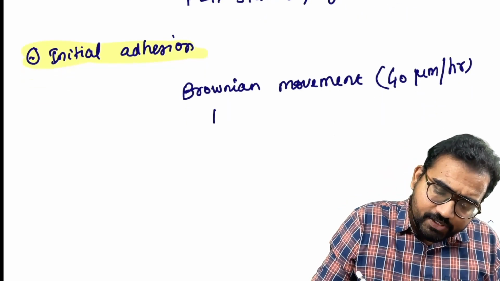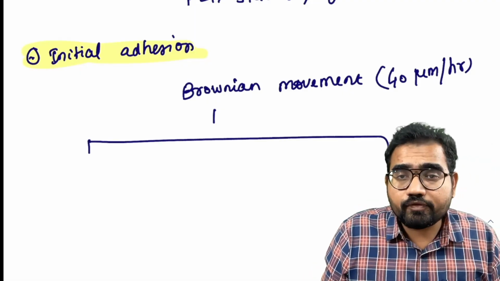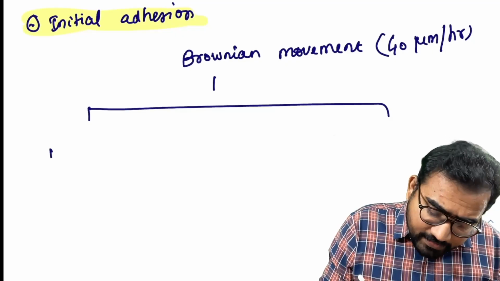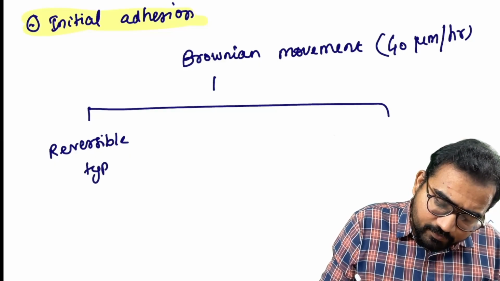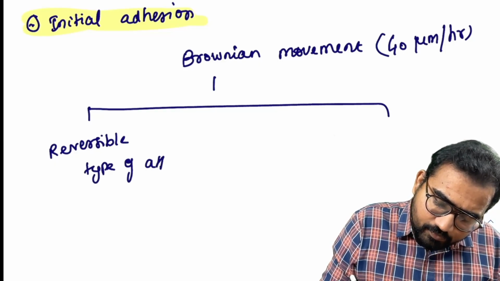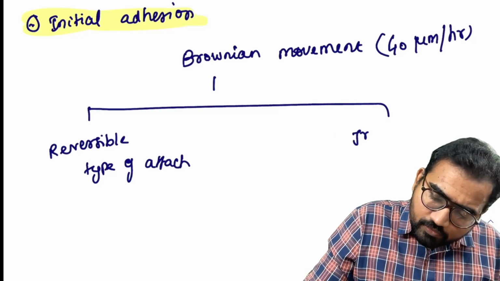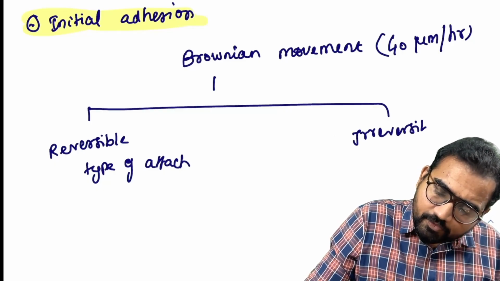The initial adhesion can be of two ways: either a reversible type of attachment or an irreversible type of attachment.